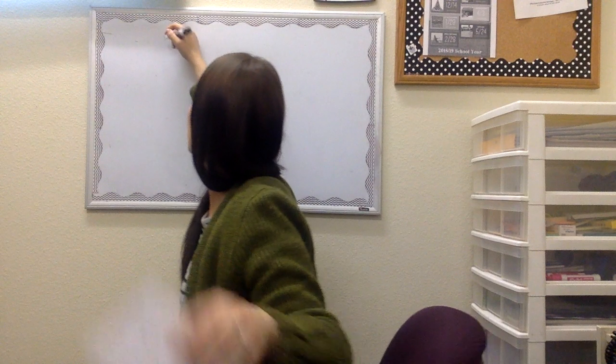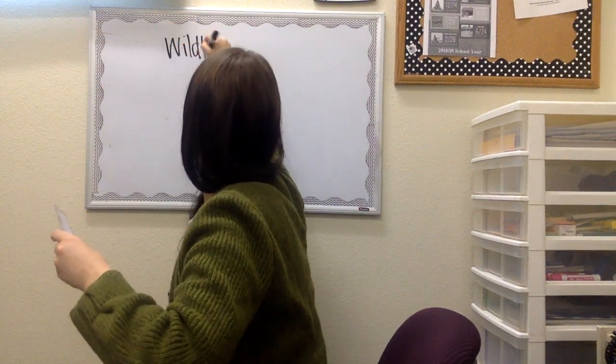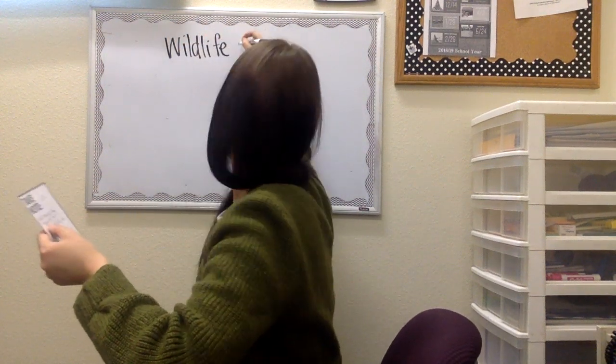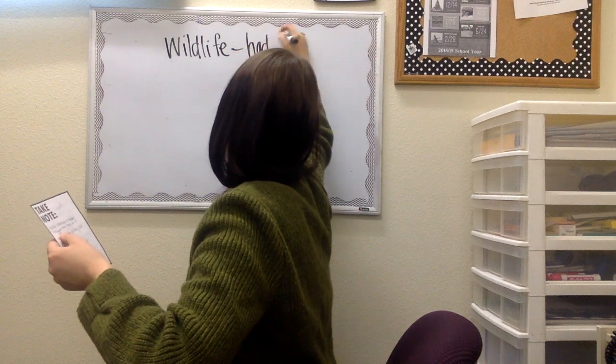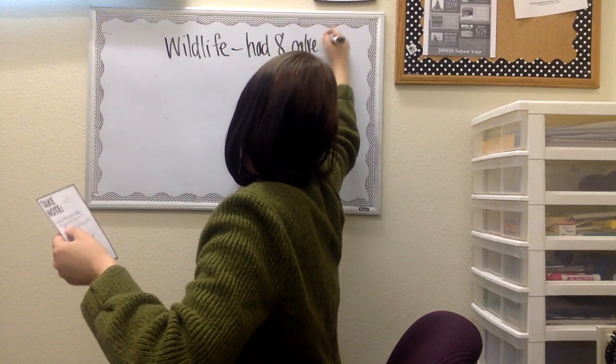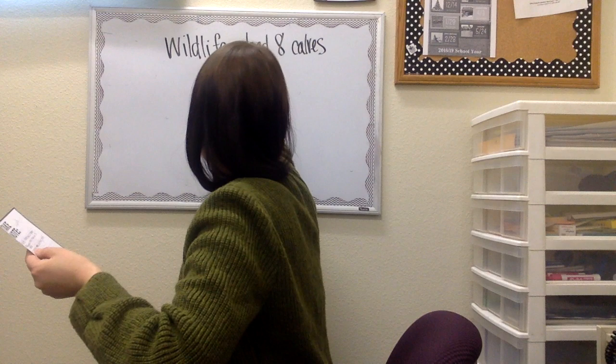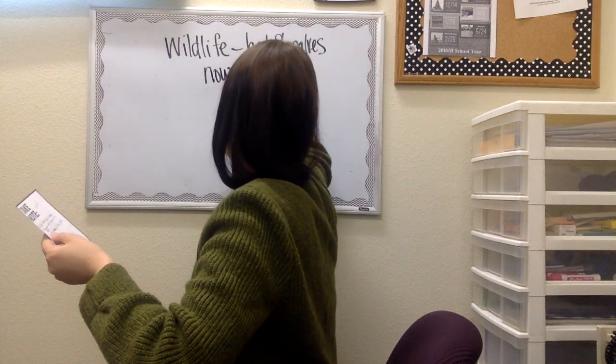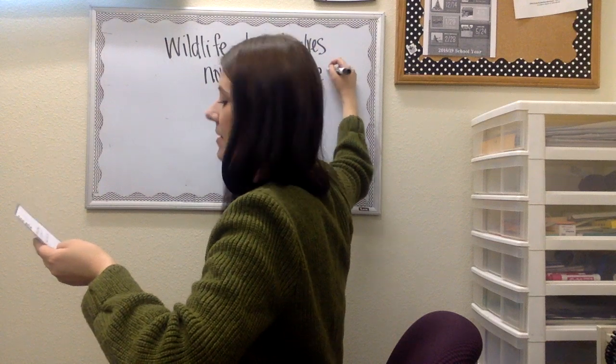All right. So we have a wildlife reserve, and we have some elephants that have had 8 calves. Now there are 31 calves.